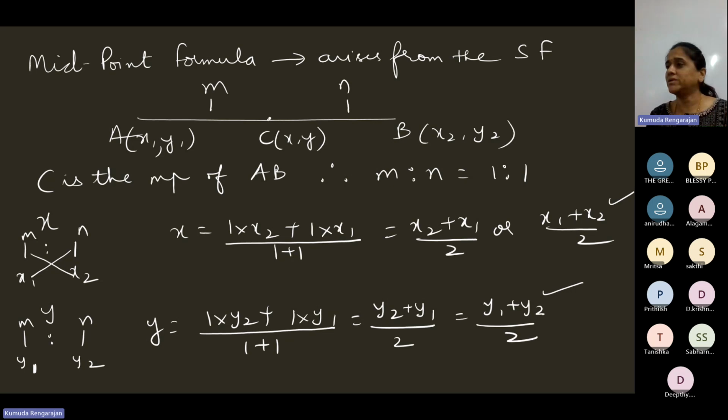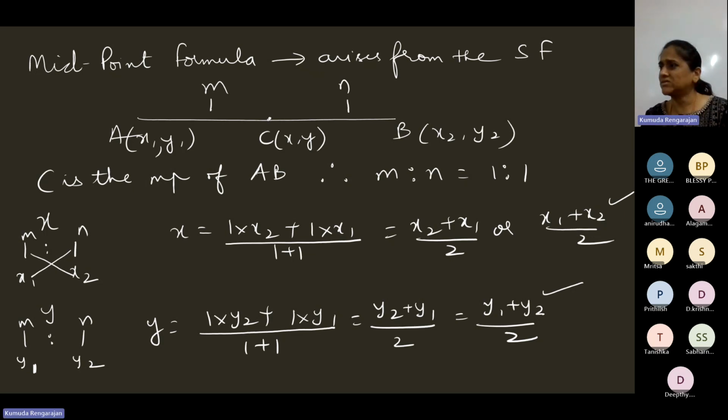They're two independent expressions. Supposing you're asked to find only the x coordinate of C, find x using (x1 plus x2) by 2. Finished. To find the y coordinate of C, where C is the midpoint of AB, (y1 plus y2) by 2.